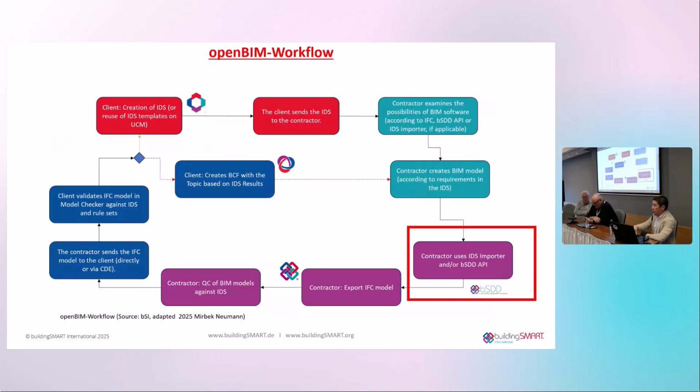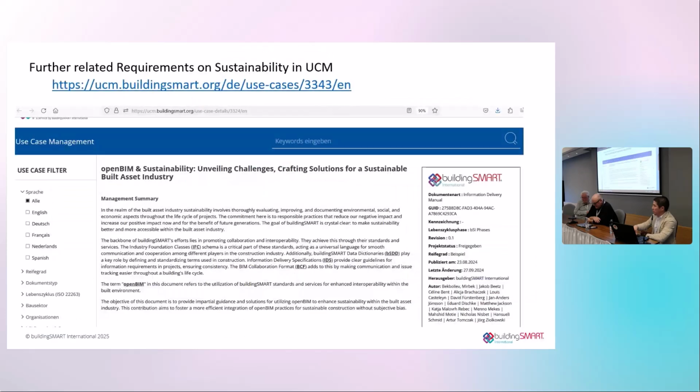We went through additional interesting work at buildingSMART International, of course. There's a sustainability strategic group that worked on one technical report, or I would call it an IDM, and it contains, of course, ideas. It contains bSDD as well, work from the product domain that we can profit from.